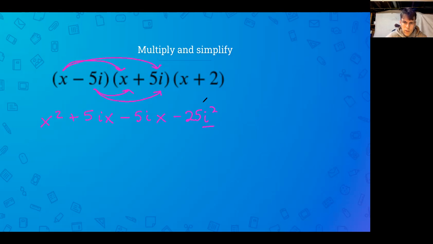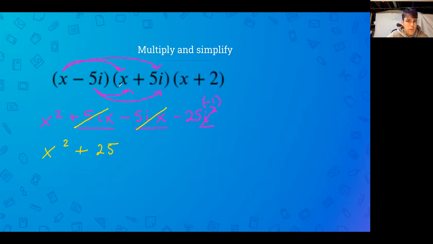Remember, i to the second is really negative 1. So I can kind of cross that out. All right, doing a little bit of simplifying here. I've actually got positive 5ix, negative 5ix. Those two things can actually cancel each other out. And then here with negative 25 times negative 1, it's going to end up giving us plus 25.